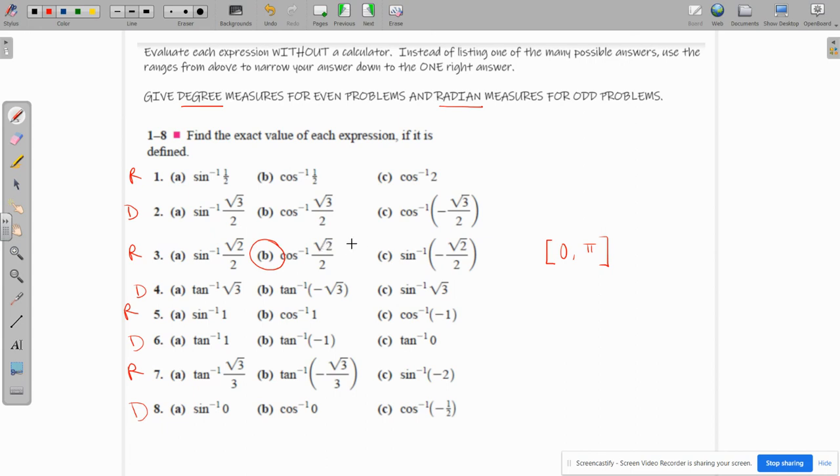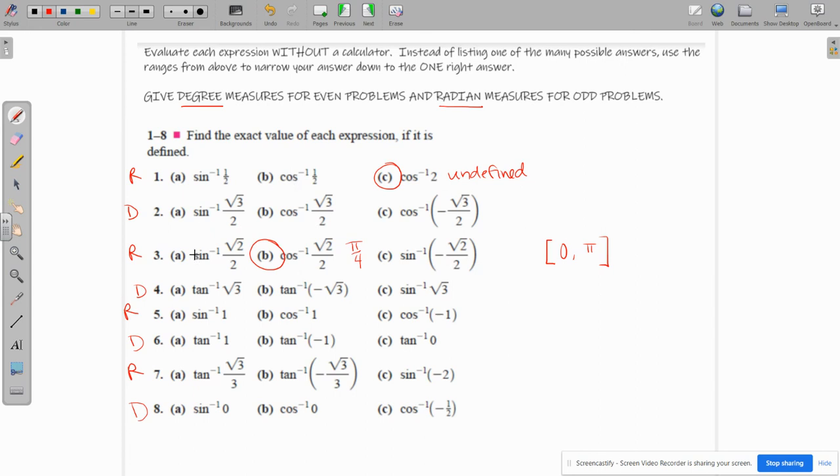Well, we know that that's going to be pi over 4. Or let's look at this one, the inverse cosine of 2. Well, again, our cosine goes from 0 to pi if we're in radians. So is there an angle that has a cosine of 2? There's not. So in this case, you would write undefined.